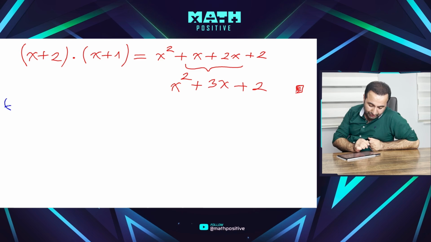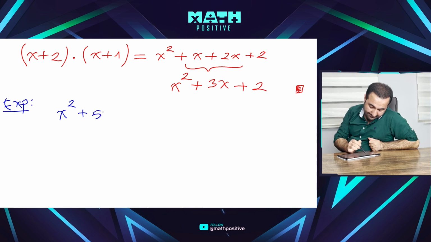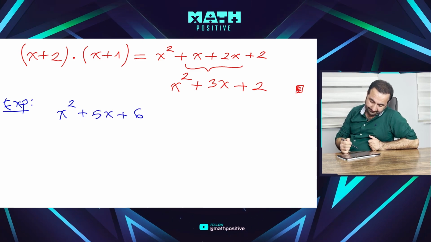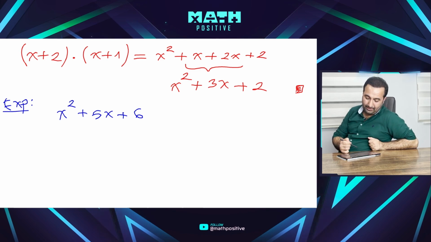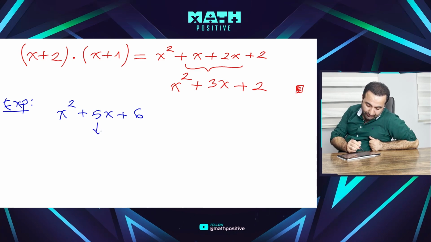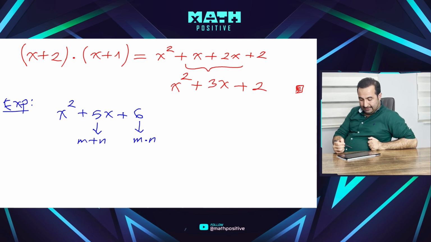Let's give another example. Example 2. Let's have x squared plus 5x plus 6. Then we need two numbers. They sum up to 5, so m plus n would be 5, and m times n will be 6.